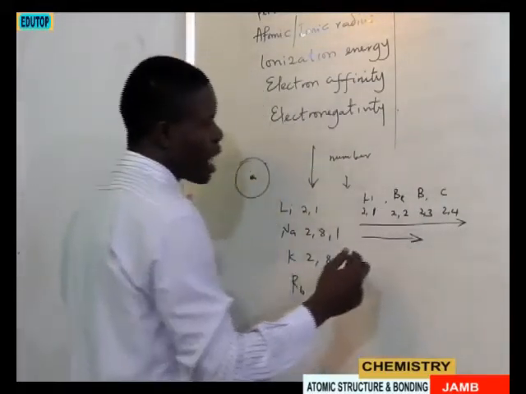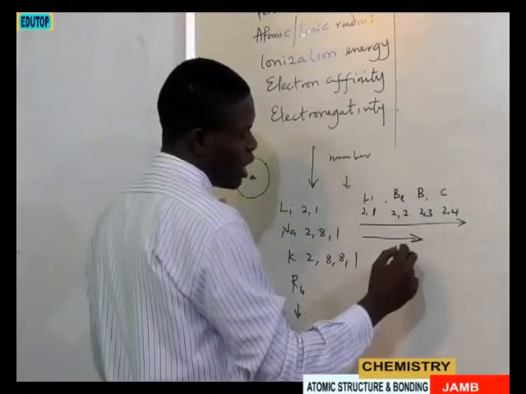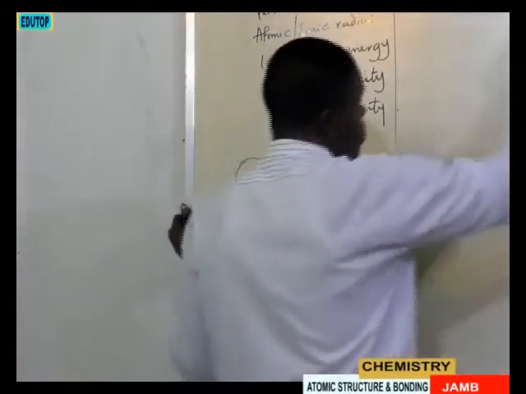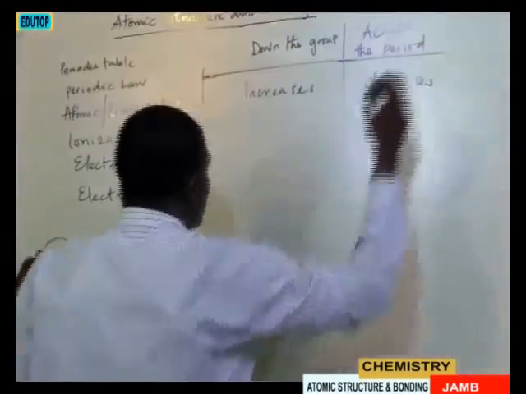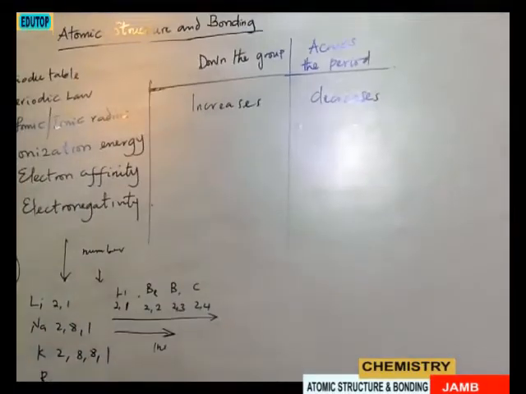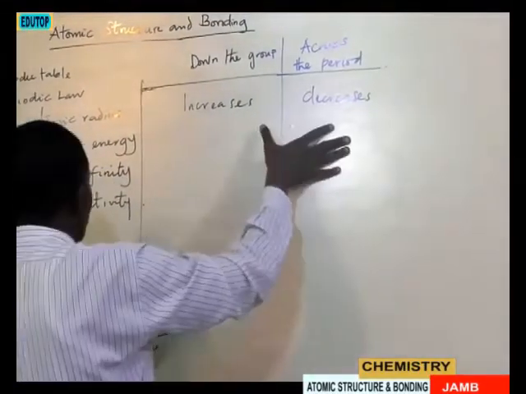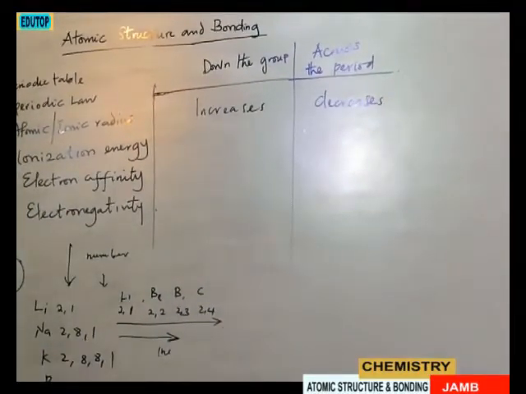Proton. So automatically, what happens is there will be a contraction as a result of what? Increase in nuclear charge. So there will be a decrease. It decreases across the period. So that is the deduction as far as atomic radius and ionic radius is concerned.